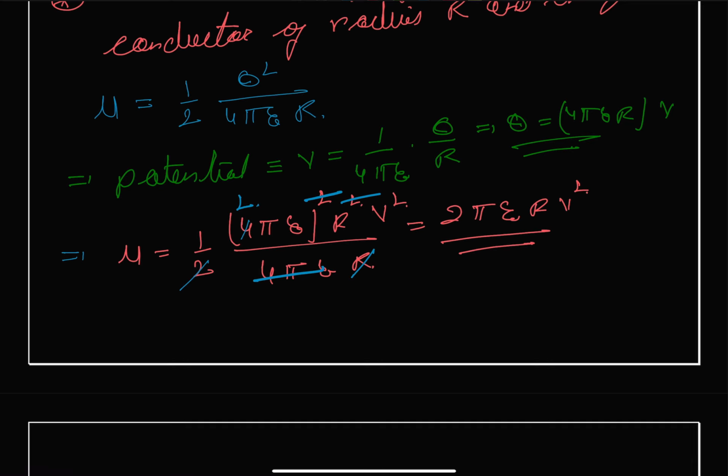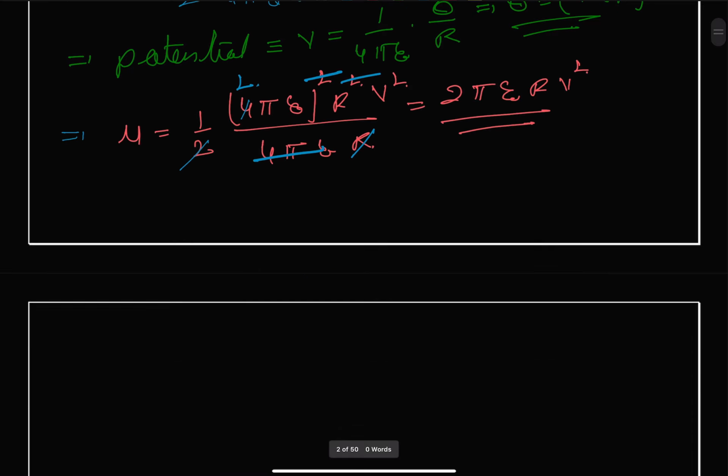Therefore, we can at least say that our potential energy is proportional to R, given that the potential is constant, because 2 pi epsilon naught is constant.